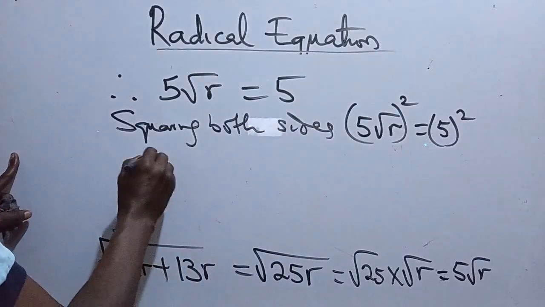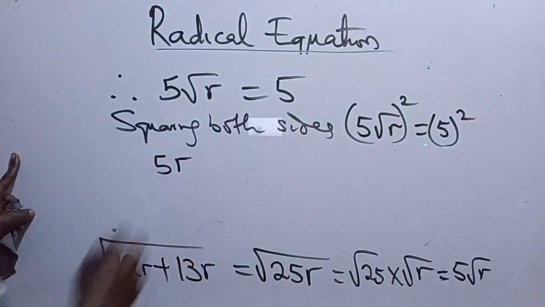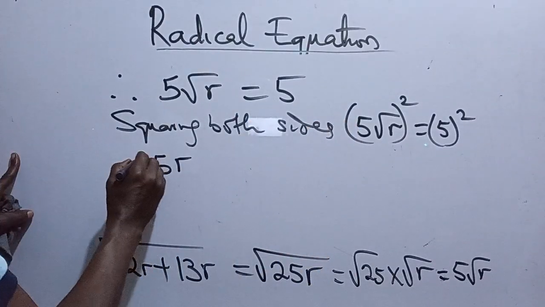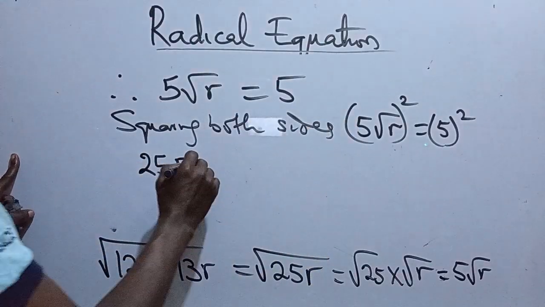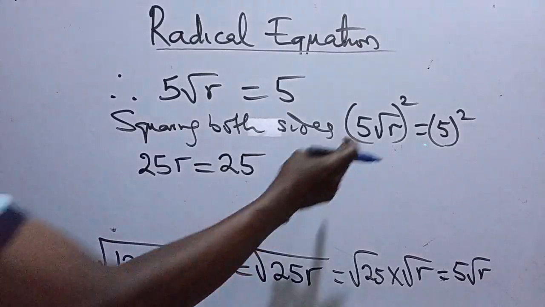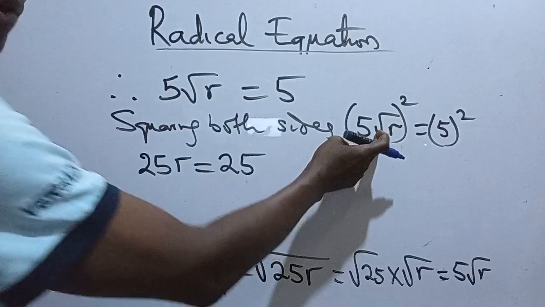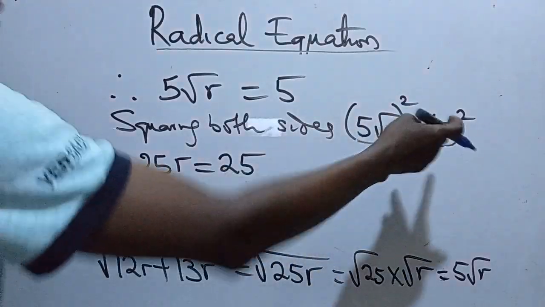So this one becomes 5 root r squared; the square root of r, the 2 will cancel the square root, you have 5r. And the square of 5 is 25. Don't make a mistake there. Is equal to 25. This is 5 root r squared. 5 squared is 25. Root r squared is r. So 25r is equal to 25.